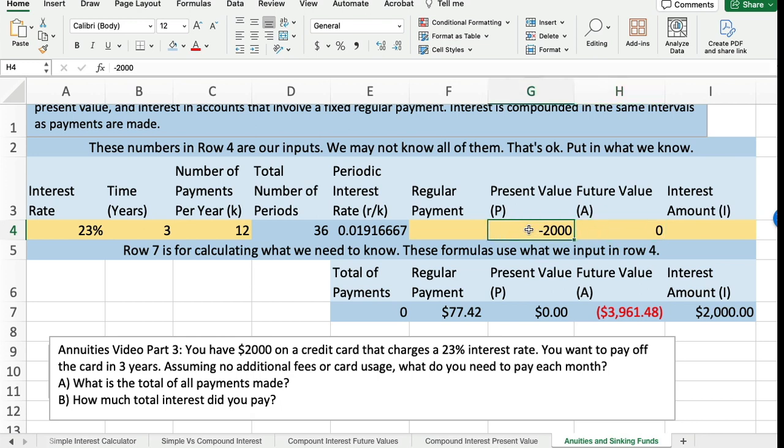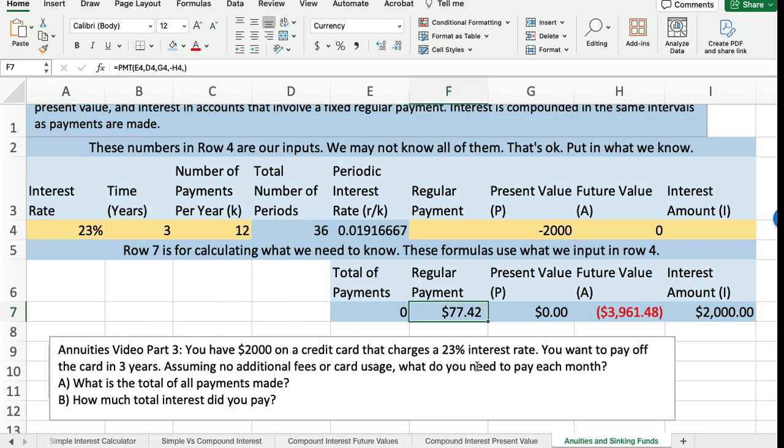Also you can think of it as the fact that you owe $2,000, so you are $2,000 in debt. So our present value is negative 2,000. That needs to go in cell G4. Our future value then is 0. And as long as we have all those numbers entered correctly, everything else down here will fall in line.